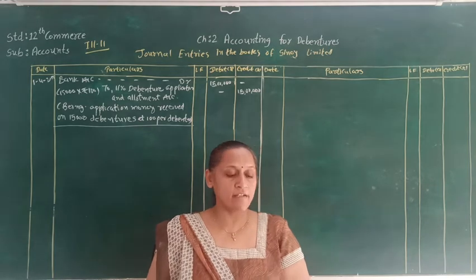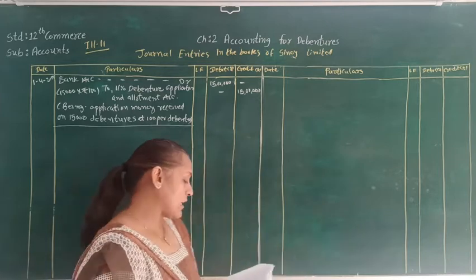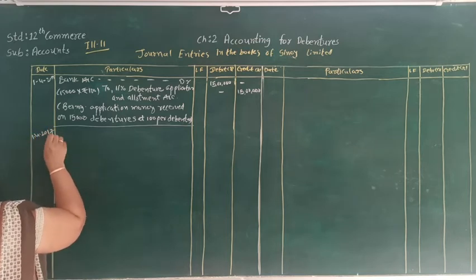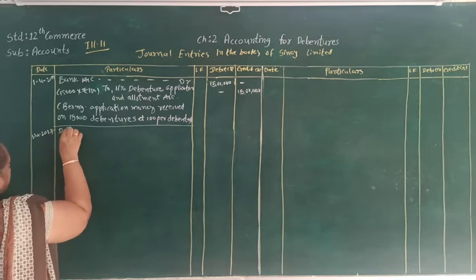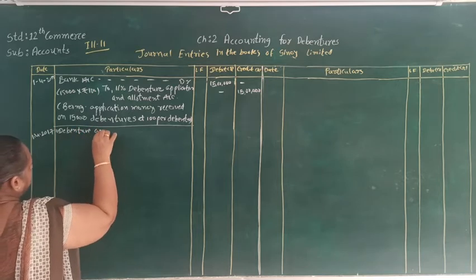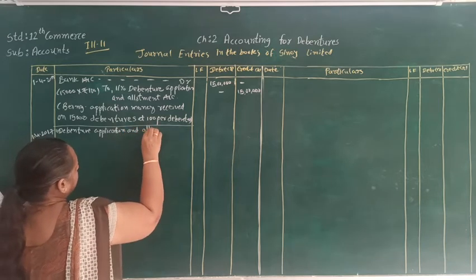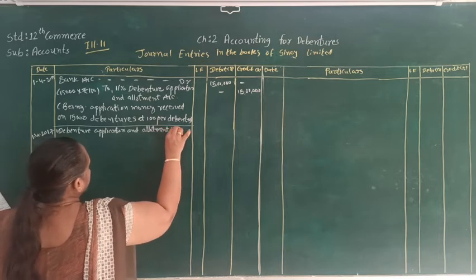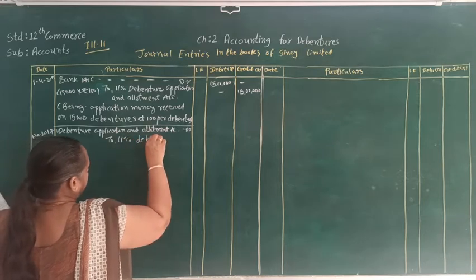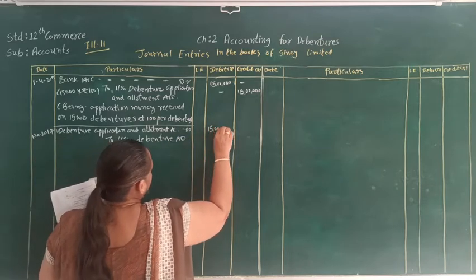So the journal entry will be: 1/4/2017, 11% debenture application and allotment account debit to 11% debenture account, and the amount will be 15 lakh.